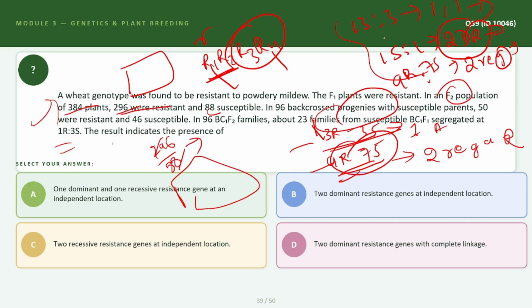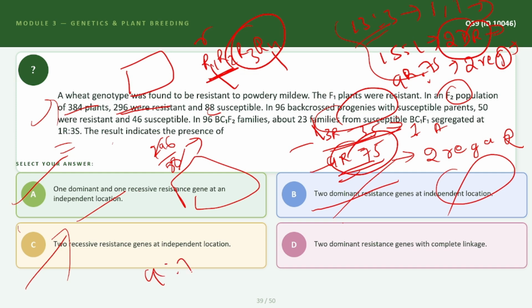If you are getting 13 to 3, then definitely one dominant and one recessive gene in independent action are governing the resistance. Then if you are getting 15 to 1, two dominant and independent, and if it is two recessive, you are getting 9 to 7.